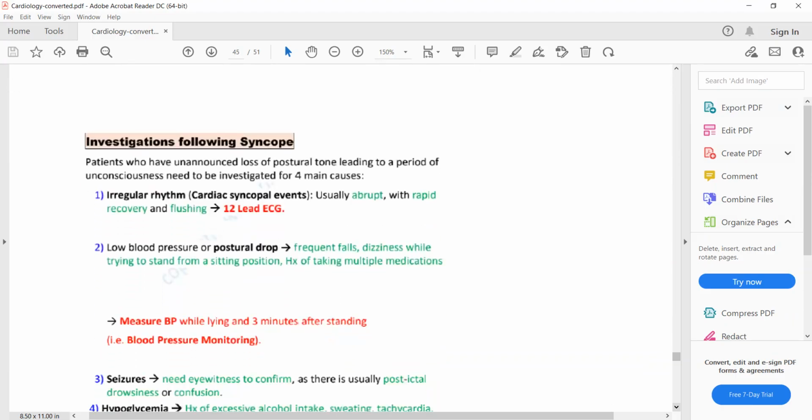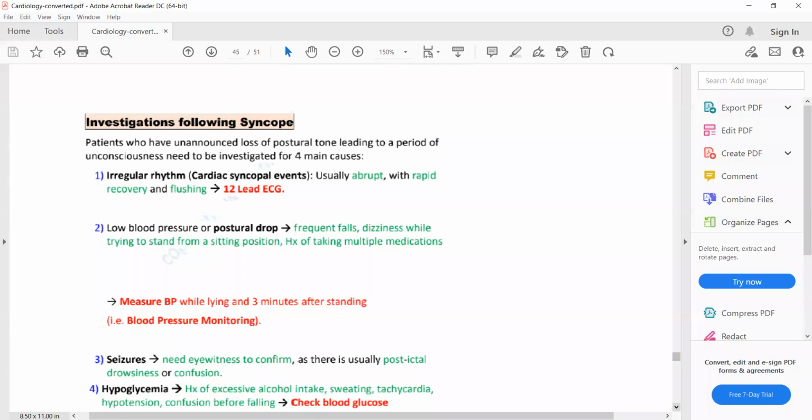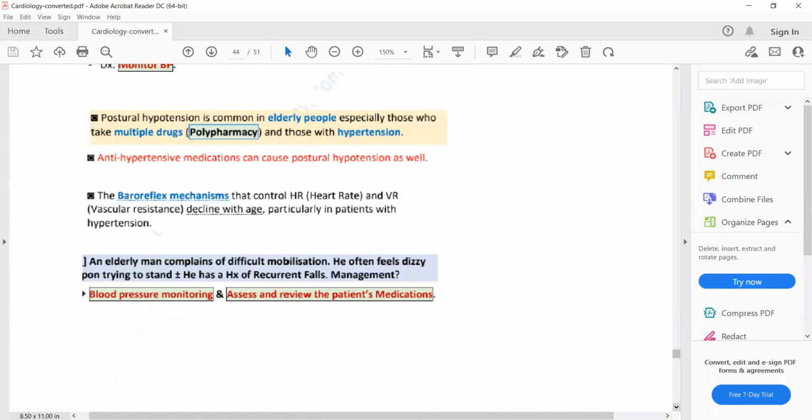Now, some differential diagnosis of syncope. Can you say about the baroreflex, please? In older people, the baroreflex is also old because with declining age, the efficiency of this baroreflex mechanism is decreased. Normally, minute to minute or even second to second variation of blood pressure is controlled by the baroreflex mechanism.